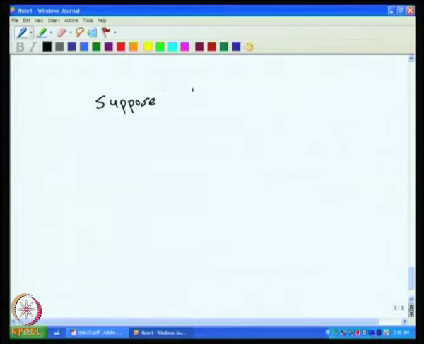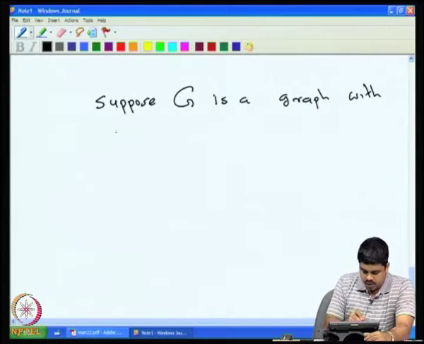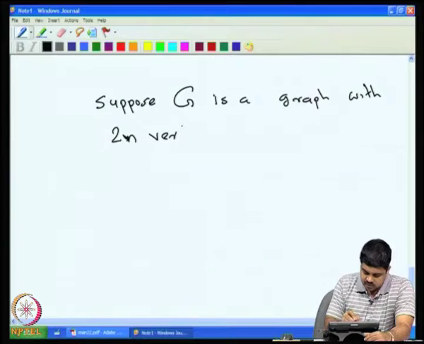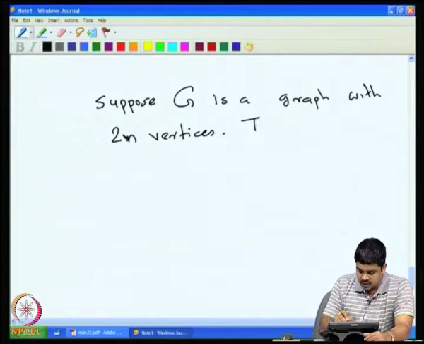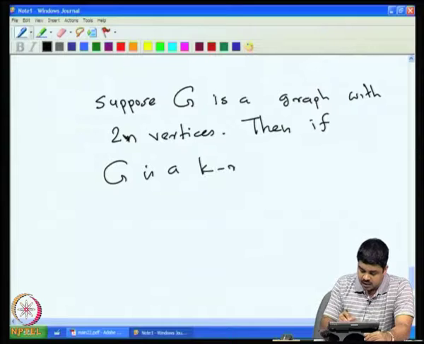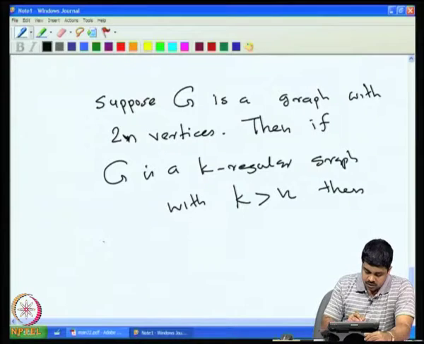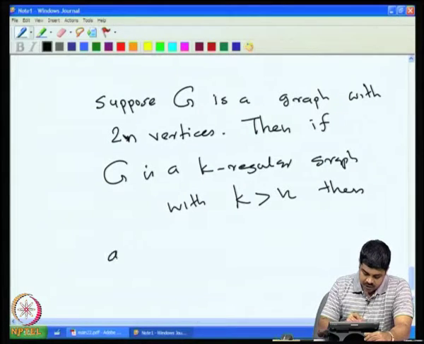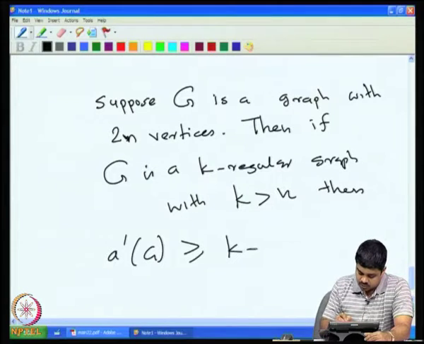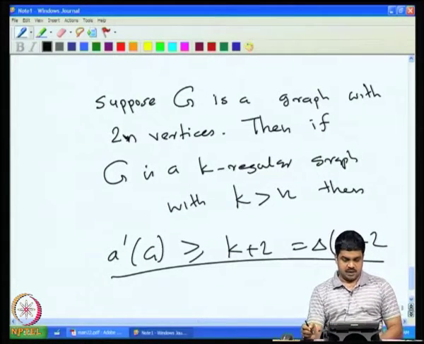Suppose G is a graph with 2n vertices. If G is a k-regular graph with k greater than n, then the chromatic index of G is greater than or equal to k plus 2, that is delta of G plus 2.